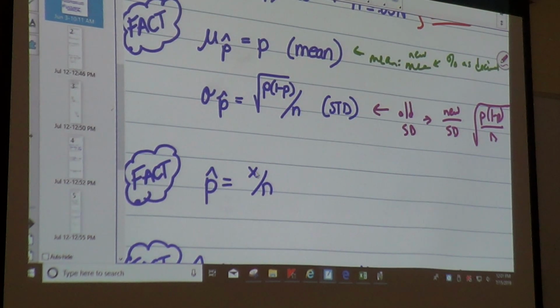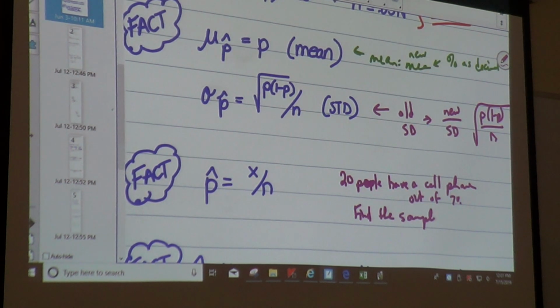If you have just a data point, or an x, to turn it into a proportion you're going to divide it by n. So if I say that 20 people have a cell phone out of 70, find the sample proportion. What would 20 people out of 70 be as a sample proportion?